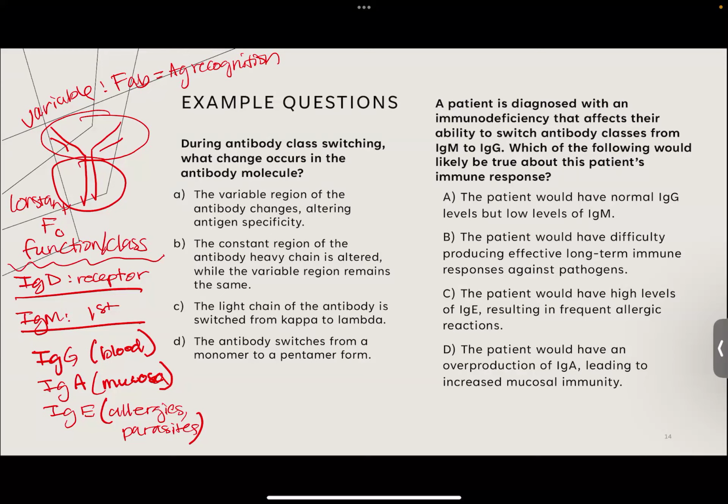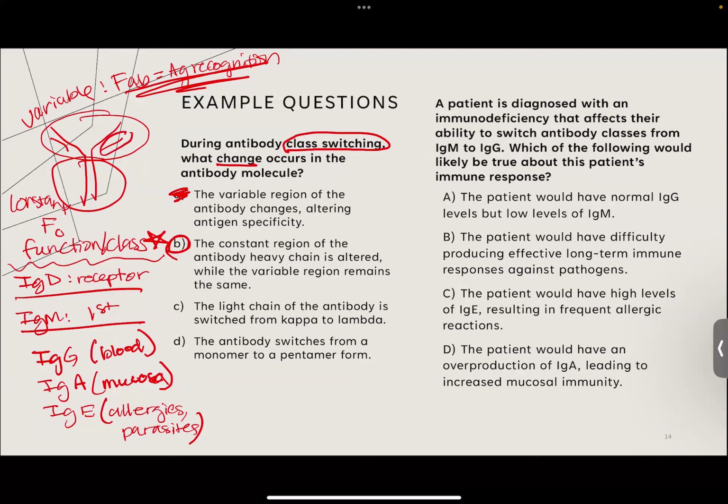All right. So if you are switching classes, what are we actually changing? We're switching classes. We don't need to change the FAB. What we need to change is our function in our class. That's in the FC, the constant region. So A, is it the variable region? No. B, is it the constant region? Yes. Let's read our other choices though. Will what be changing is the light chain?